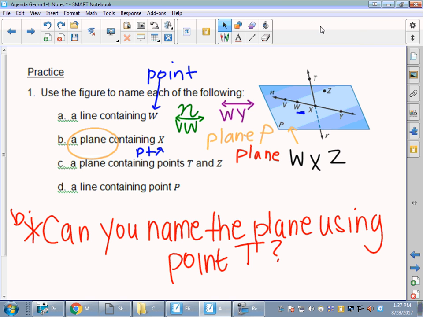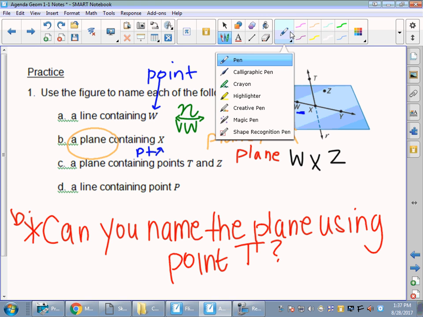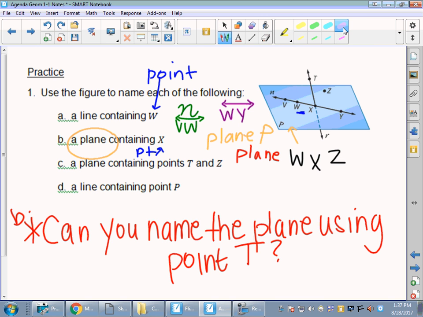Think about that. I'm going to come back to you. We'll go through these other 2 examples because I do want to make sure that we get to talk about these things. Go ahead and do C and D. I want to see what you come up with for C and D.